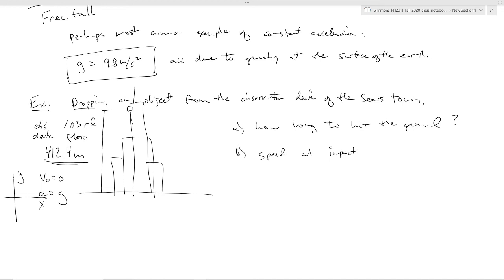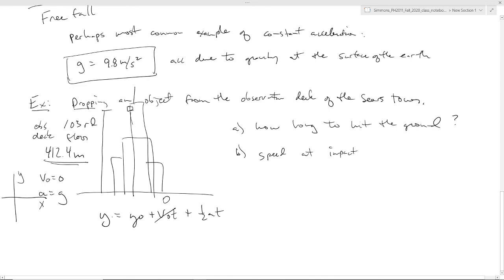Okay, so let's make use of our expression: y is y naught plus v naught t plus 1/2 at squared. So we know that the initial velocity is going to be 0 because it's being dropped.